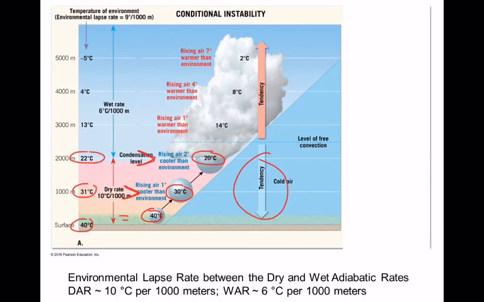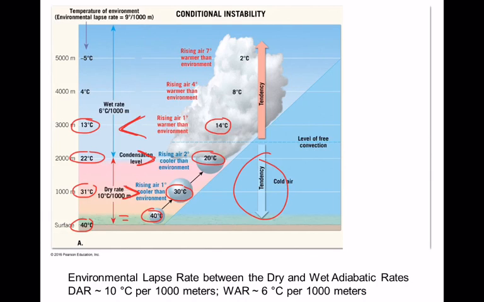Now, when it starts to condense, and this is why I said it depends on moisture, latent heat is released, and so the air cools at a slightly lesser rate, 6 instead of 10. So if we compare 13 to 14, aha, finally, by 1 degree, it starts to be like a hot air balloon.